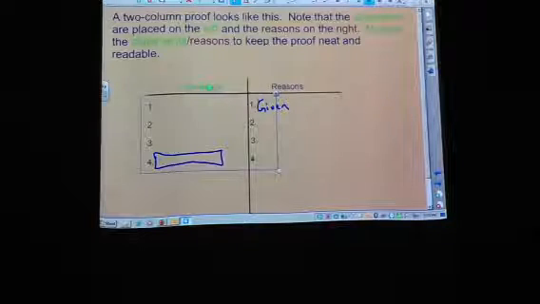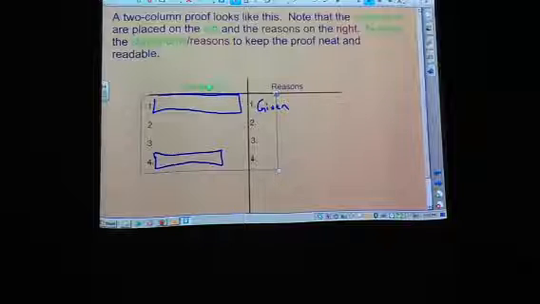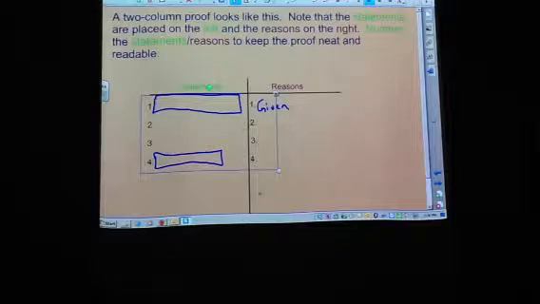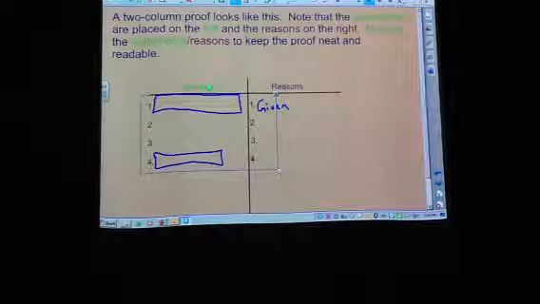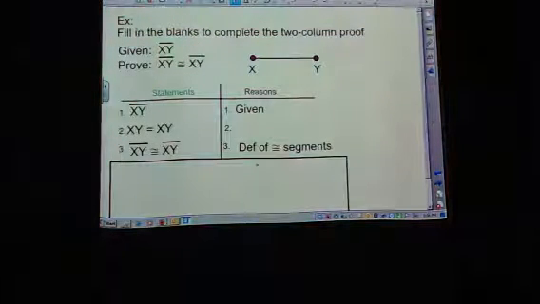So 3 of these things in a 2-column proof set themselves up. Some of it already takes care of itself for you.